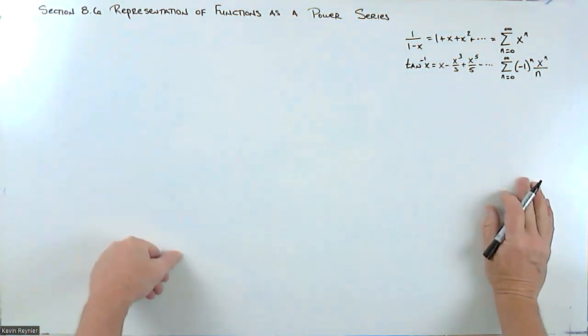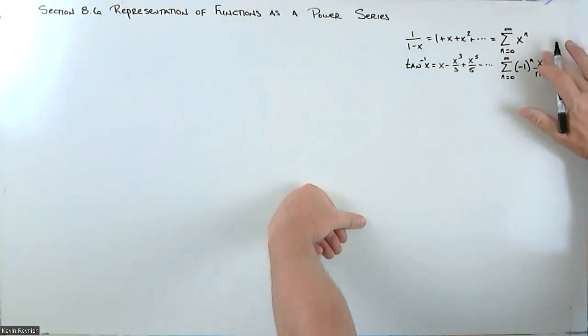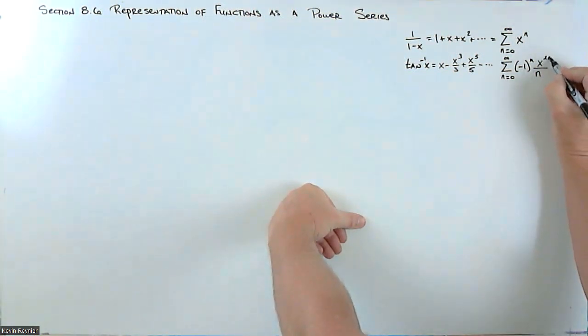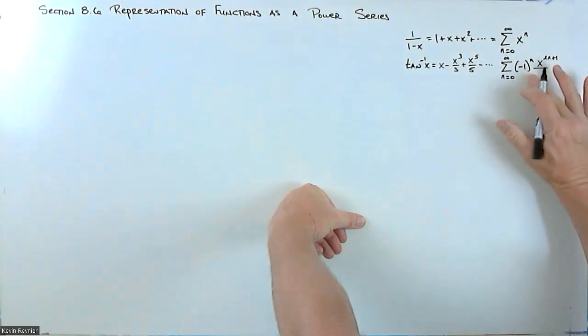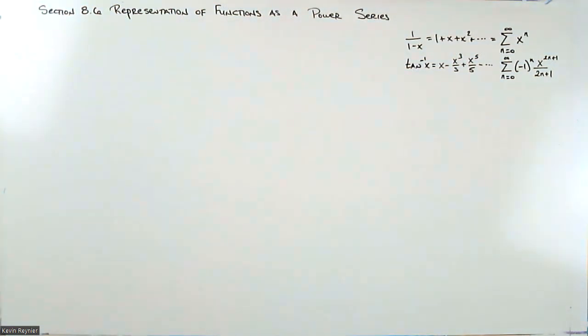Now, it's not x to the n because we need the odds, so to get our odds, remember we make this 2n plus 1, and down here we're going to then have 2n plus 1.